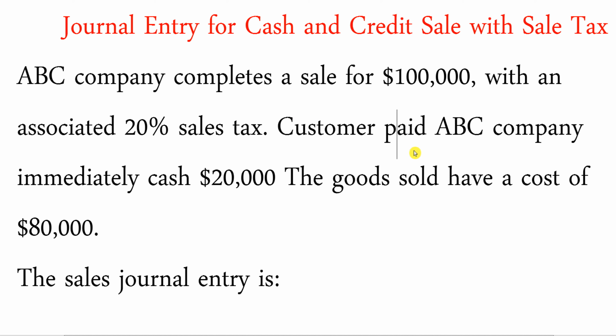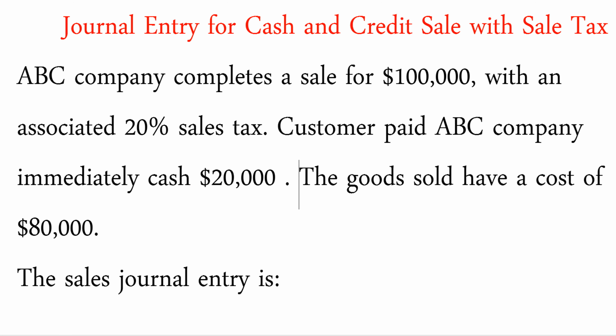We assume that our customer paid us immediately cash 20,000, and cost of goods or inventory 80,000. So what is the journal entry for this transaction?